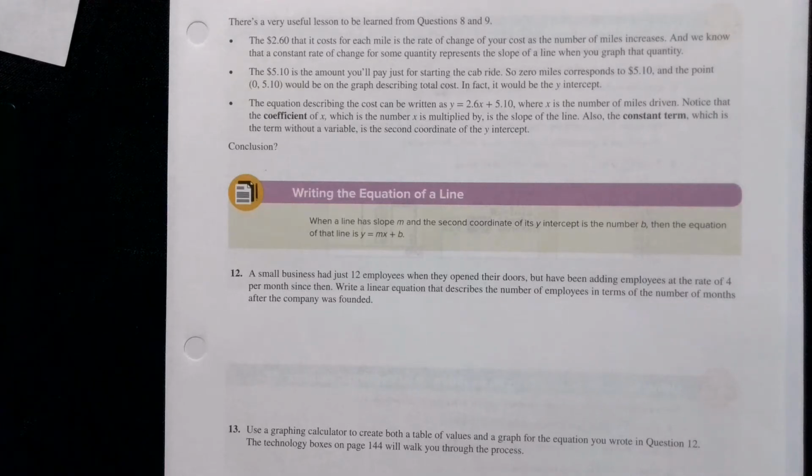Okay, now we move on to problem number 12. There's a very useful lesson to be learned from questions 8 and 9. The $2.60 that it costs for each mile is the rate of change of your cost as the number of miles increases.